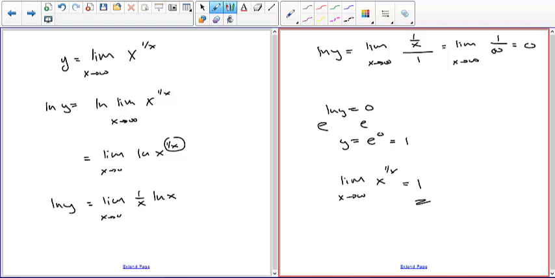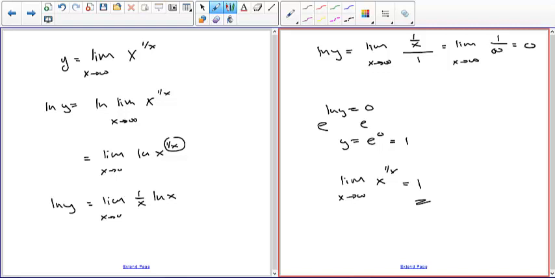If you ever end up with something where the indeterminacy is associated with the exponent, then you can use the properties of logarithms to make the exponent become part of a product, and then have a ratio of terms, f of x over g of x. Apply L'Hopital's rule, and then go back the other direction to solve for y, which is the original limit question. And then you get the answer.